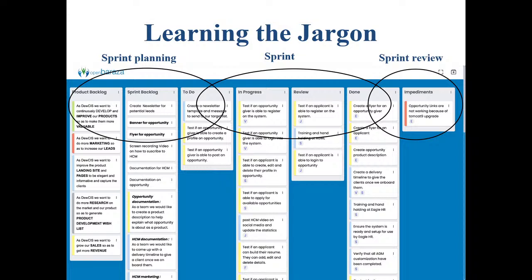On this you can see the first part we are calling sprint planning. Within sprint planning, you basically do a product backlog. That basically means any idea you could have had, you write it there. Just keep writing, keep writing. In the sprint planning meeting, where you meet, you'd pick what is on the backlog or any new ideas that you must do within that sprint.